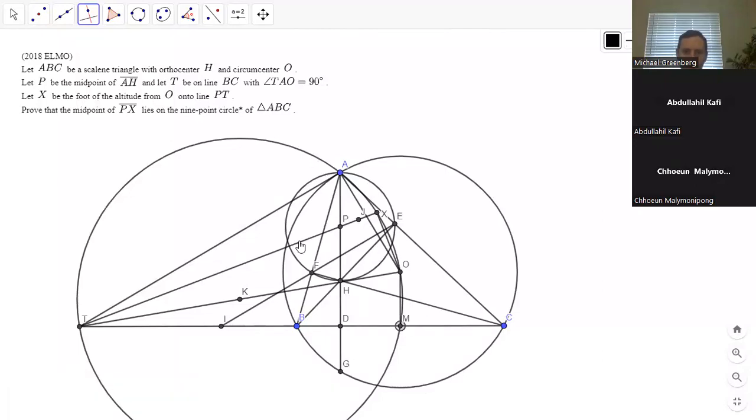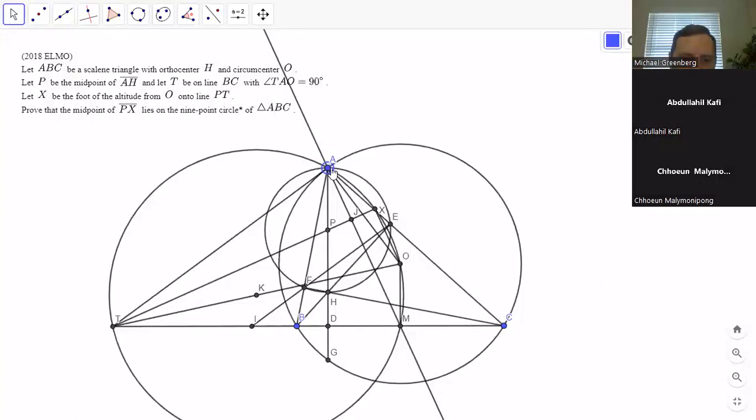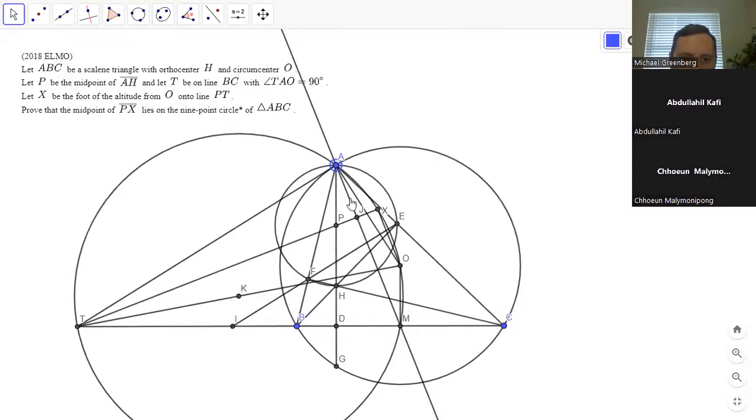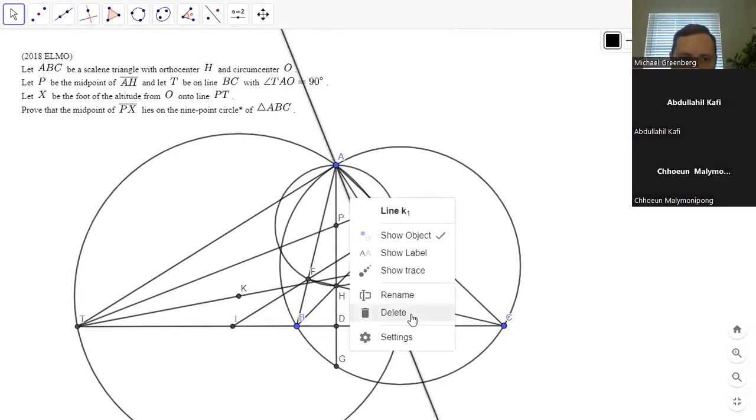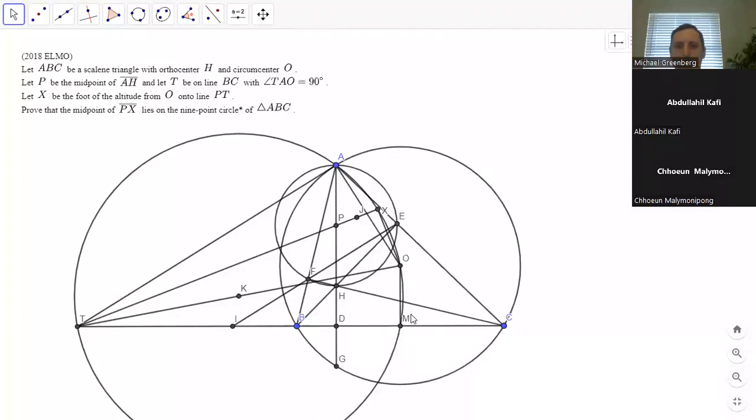I don't think that can be true because I think MX is perpendicular. Wait a sec. Oh, is that really true? So, okay, so basically it looks like M, J, and A are collinear. Is that obvious?